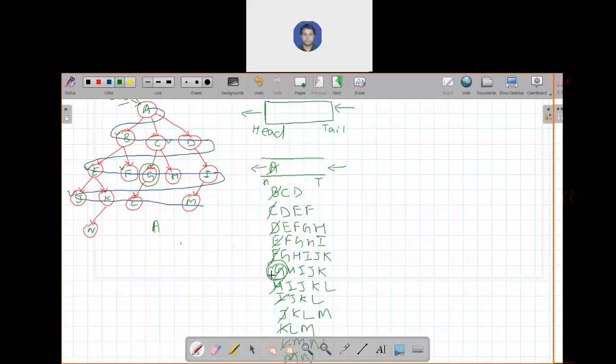Always, when you remove an element from the queue, you check if it is a goal state. If it is, return the path you took from your start state and stop. If it is not a goal state, continue exploring the graph or tree.